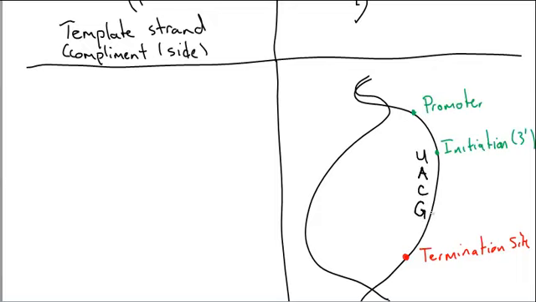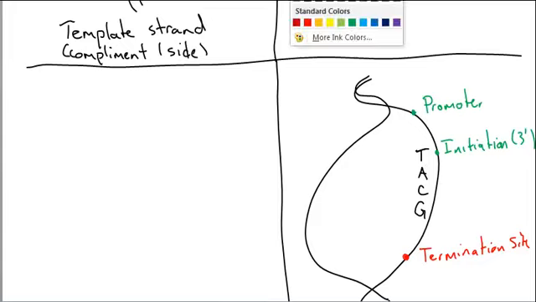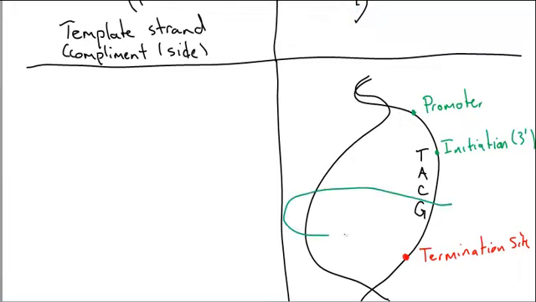And the template strand was, sorry, there's a mistake there. This is DNA, so the template strand was TACG. When RNA Paul got going, it would unwind it, unzip it, and start pairing it.